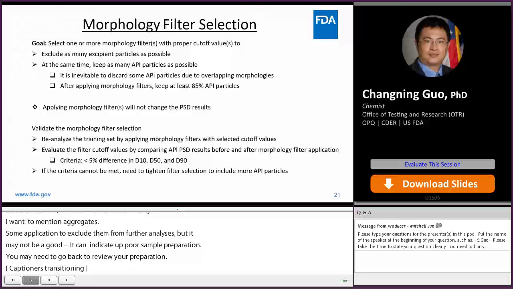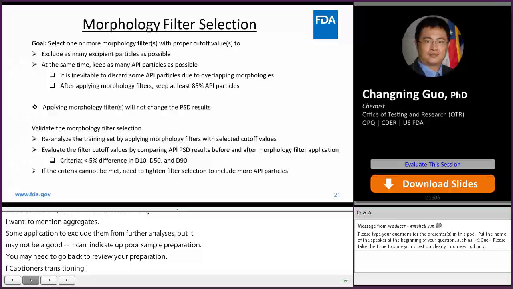The ultimate goal for a good morphology filter selection is to ensure applying morphology filters will not change the PSD results. Since morphology filter selection is the most critical step in MDRS method, it needs to be well validated.